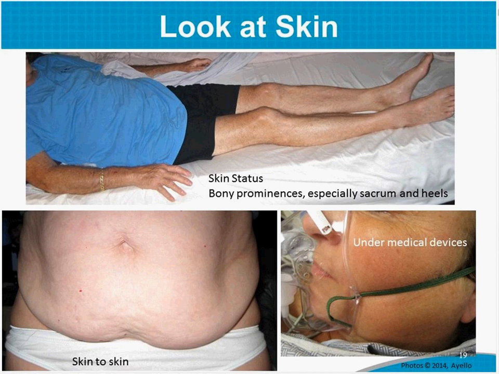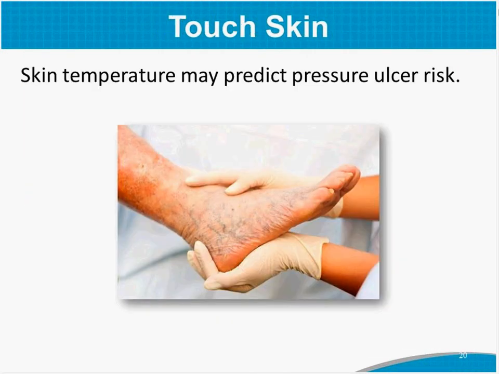In the new practice guidelines from the NPUAP, EPUAP, PPPIA, they give very specific recommendations that the skin should be assessed at least twice daily, more frequently if the patient has fluid shifts and/or edema. They certainly say that if you don't need the device, take it off; if the patient needs it, we talk about using prophylactic dressing underneath devices, but don't do it to excess. That is, too much layering under the device and you cause pressure.